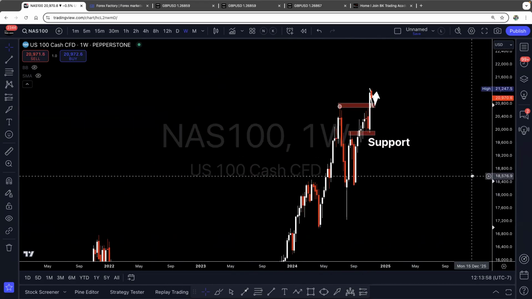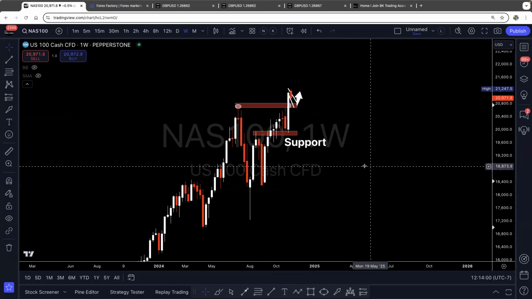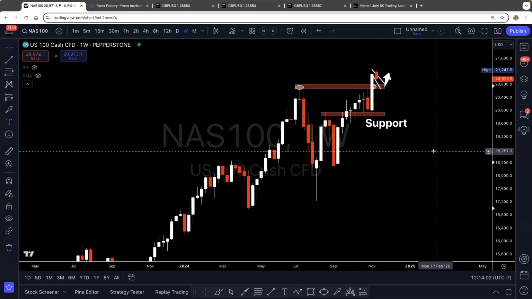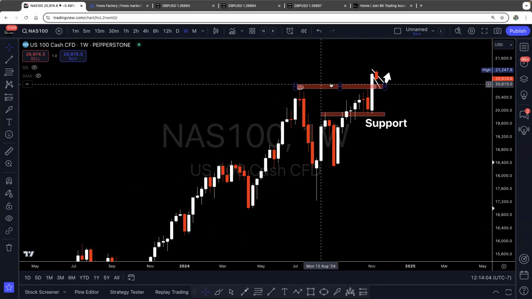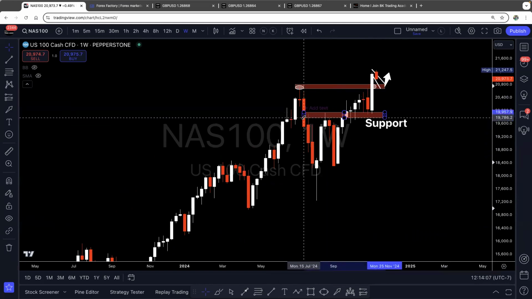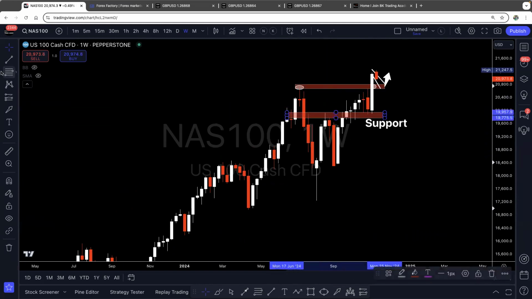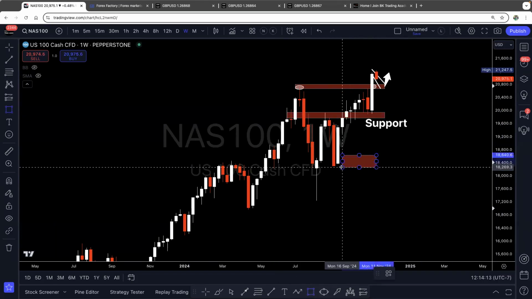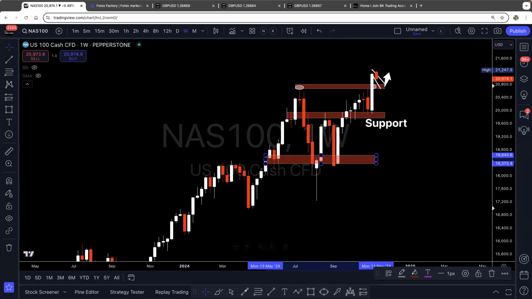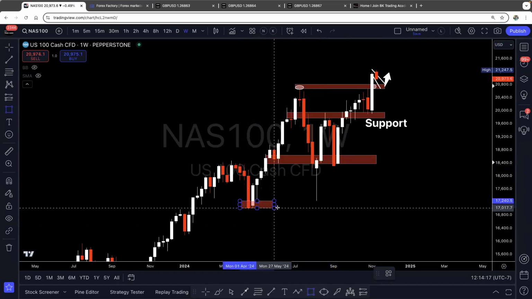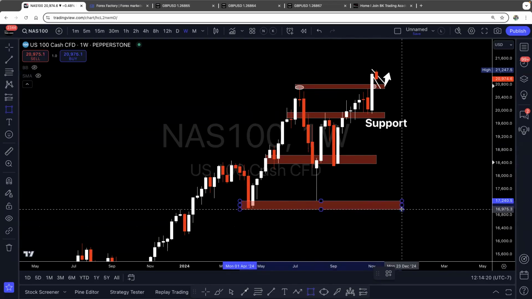Now that I've established an uptrend, I want to find my key levels. That's number two. I found my key levels. I'm not going to go too far into why these are levels. You can always go back to my Apple example. These are considered key levels here, and you can eventually spot them with your eye.